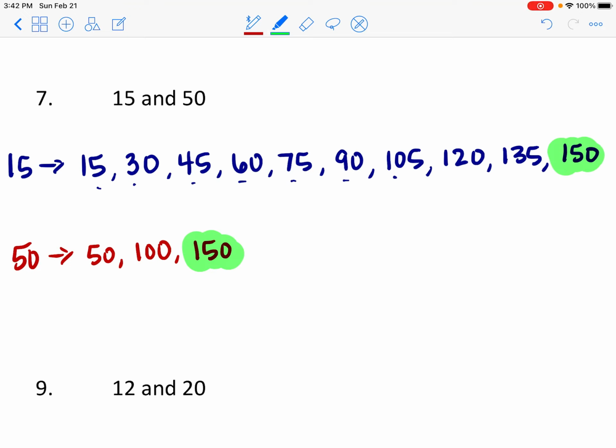Any factors that occur and the highest exponents that occur with them. Sorry, and their highest exponents. Okay, and then we take the product of those things we circled to get the least common multiple.